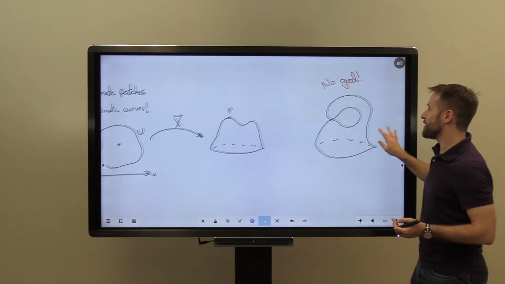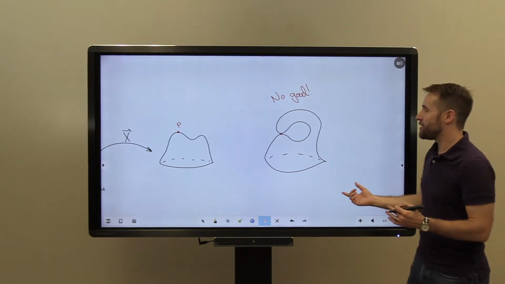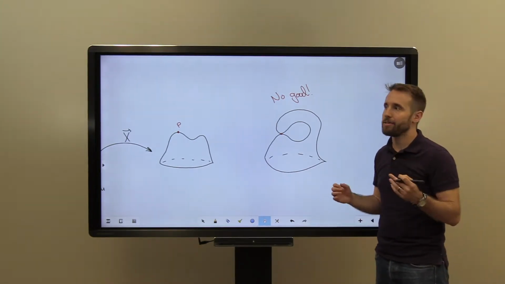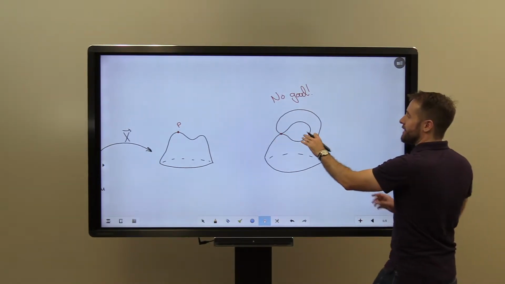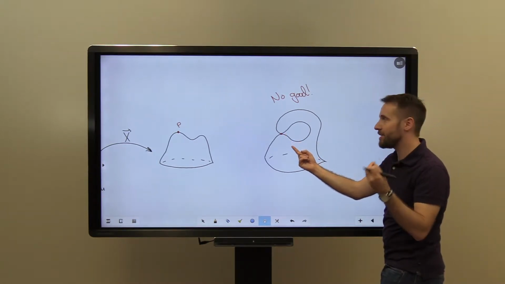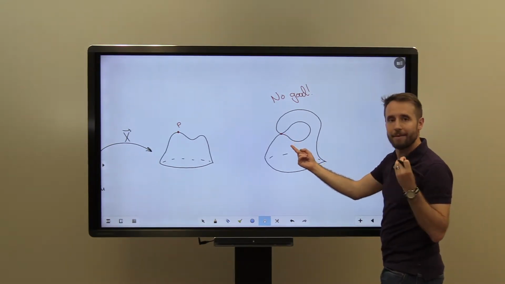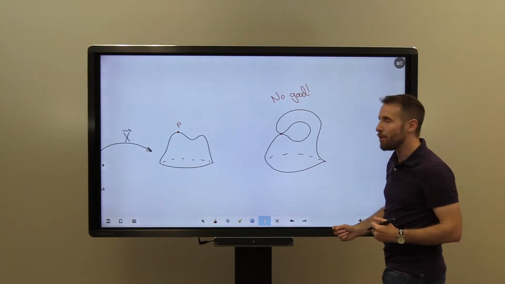Well, you could end up with something weird like this. Here's a parametrized surface in which we have two pieces of the surface sort of kissing each other. So this piece here is sort of wrapping around and coming back, and they're both just touching each other at this single point P here. And so something like that is going to be no good.